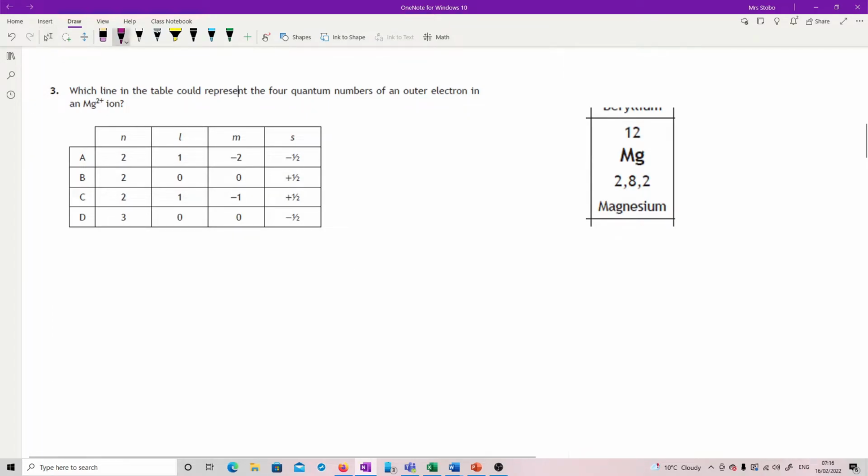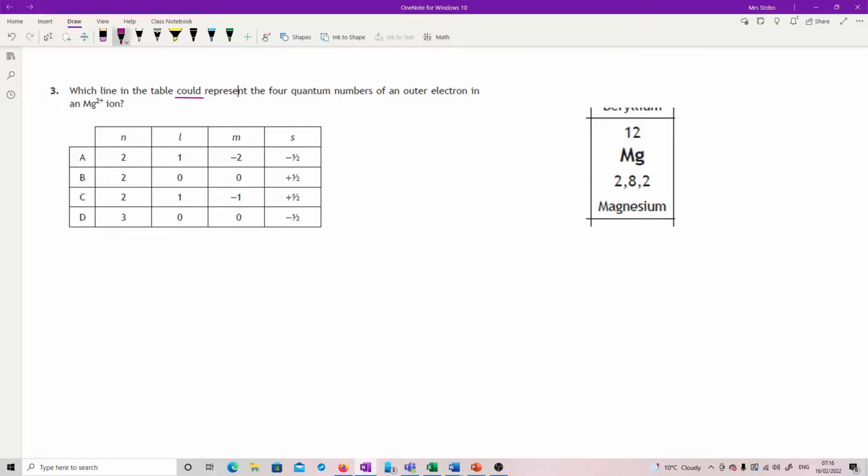Which line in the table could represent the 4 quantum numbers of an outer electron in an Mg2+ ion? Because there are different things, you could have spins and different things like that. Okay, so let's look at magnesium. Magnesium is 2,8,2.